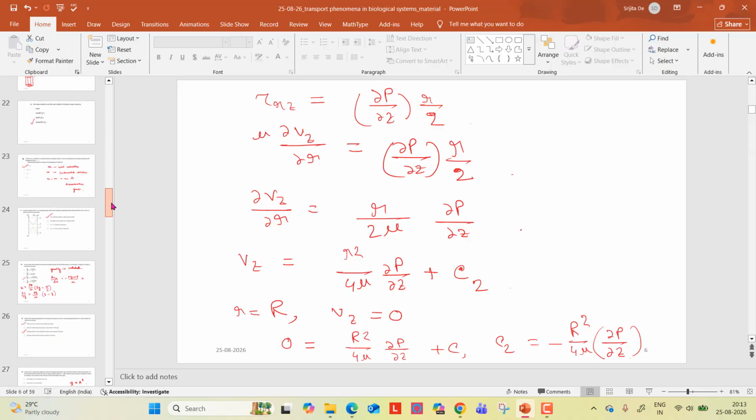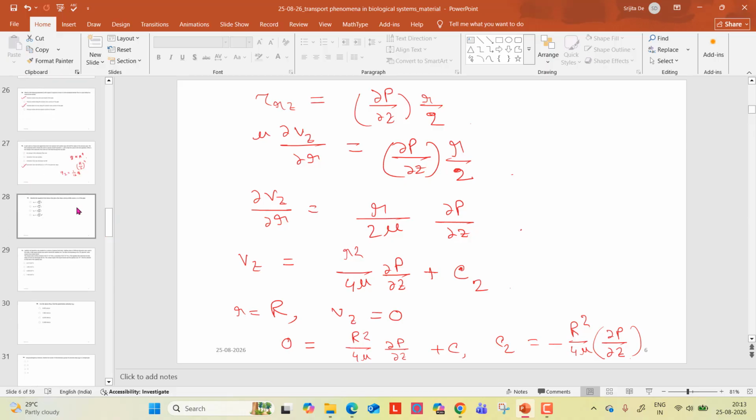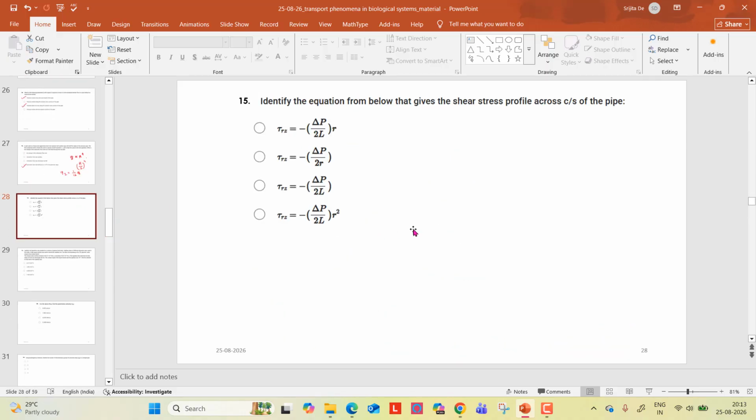Okay, so it is just simply that. So del P del Z, the pressure drop, you can write it also minus del P del Z, no issue in there. Del P del Z R by 2, right? So it is delta P by 2L into R, right? So it is option A.